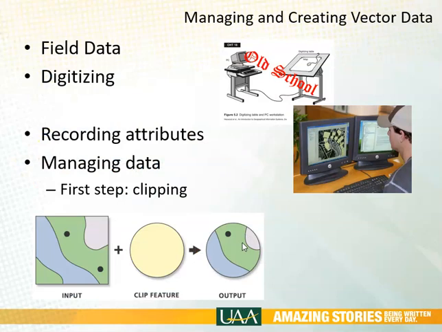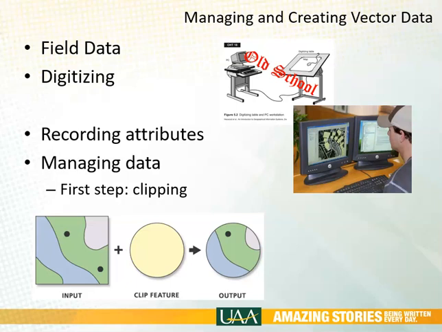Now, we manage and we create vector data in a bunch of different ways. We can create it as field data, which you now have some experience doing, but we can also do this in the office space as well. Back in the day, to digitize a map, we had a big digitizing table that was connected to an old-fashioned PC, and you would literally sit at this table and you would click the points that would then be created into lines and polygons on the map.